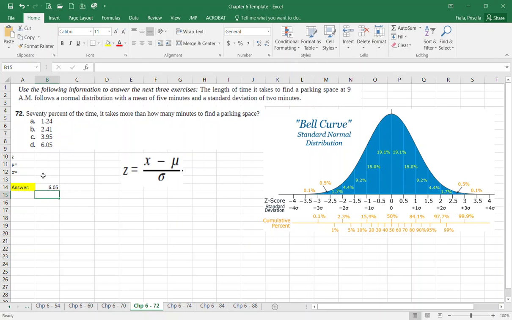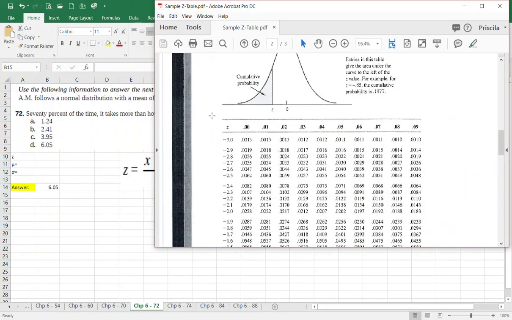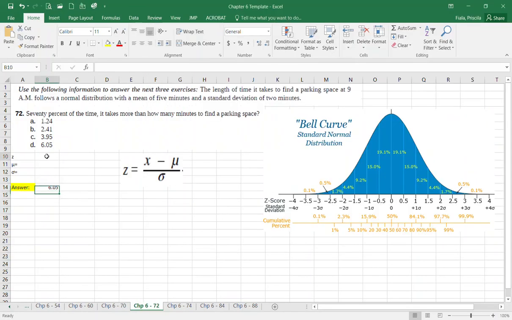So in this case, I would have to do the other way around, which, if you go to your table from yesterday, if I'm not mistaken, let me quickly do this.